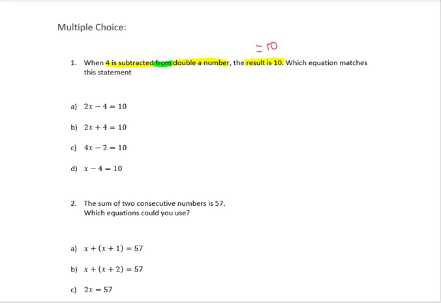So this must mean something equals 10. Now 4 is subtracted from, keyword from. So that means you're minusing 4 and then double a number. So I'm just going to say 2x. So let x be the number. So now that I've got my equation 2x minus 4 equals 10, I'm just going to circle that answer, okay?